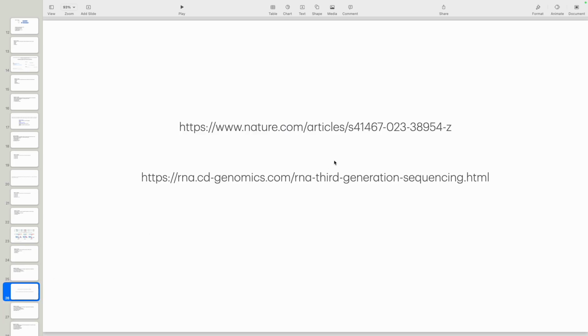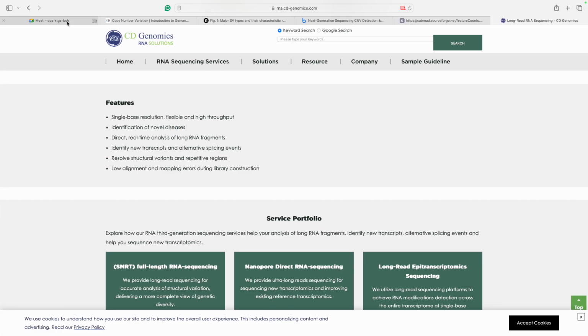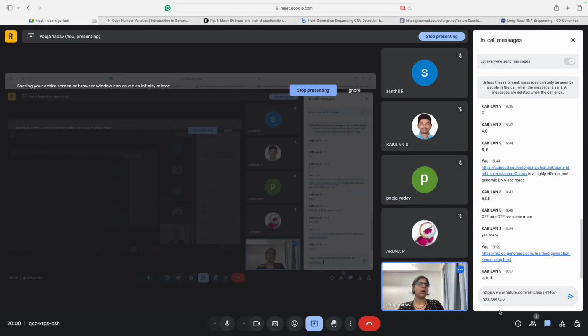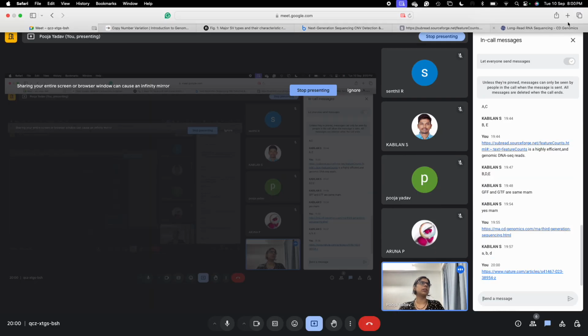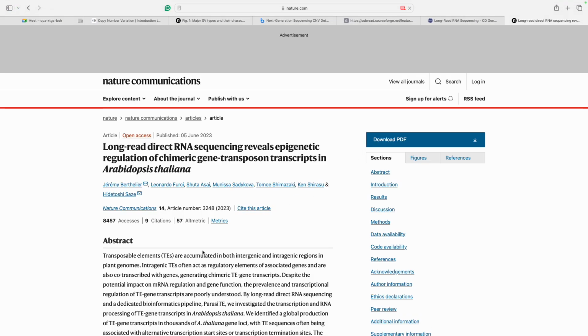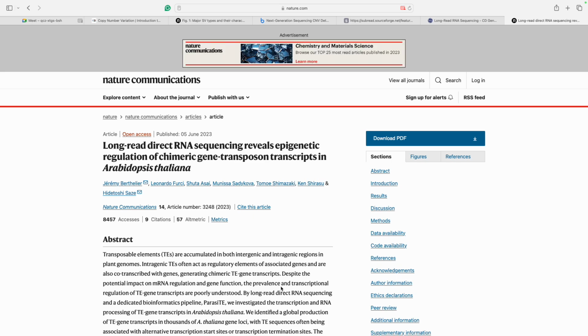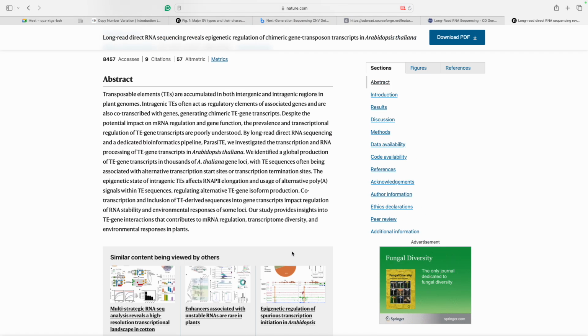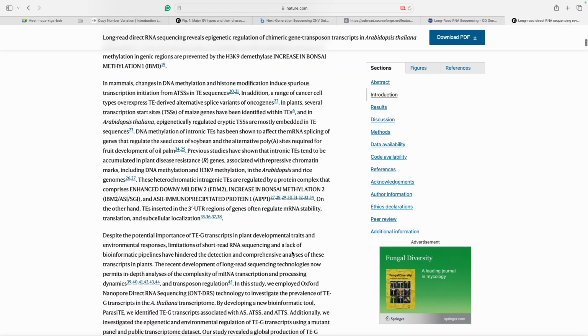Here is a Nature article, I will share it with you, on how these epigenetic modifications can be identified based on long read direct sequencing. You can go through this paper if you like.